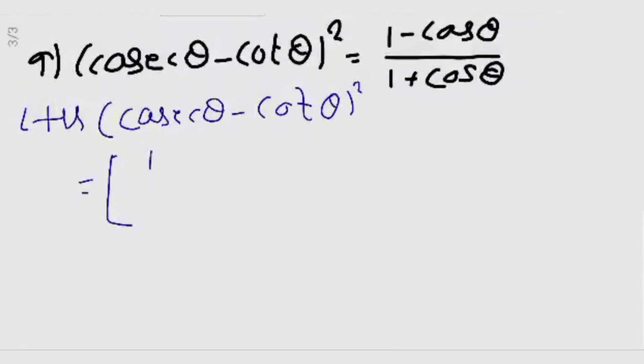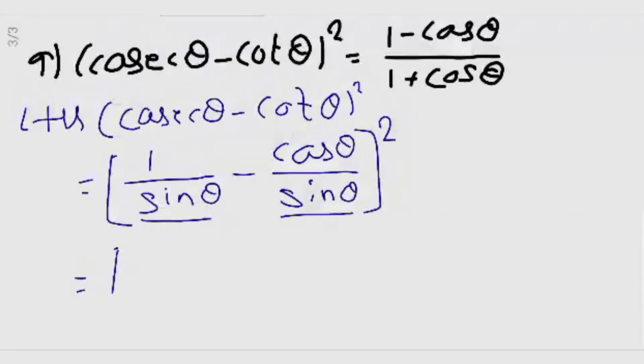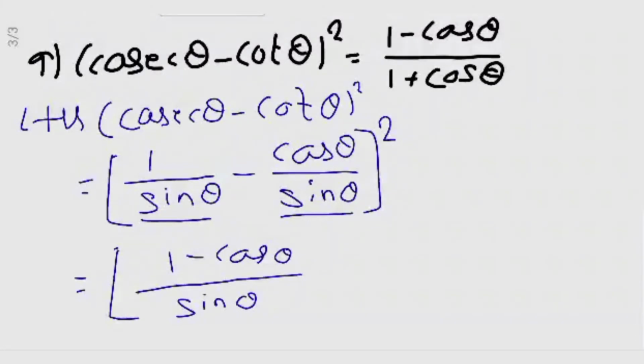So next here, cosec theta we can write 1 divided by sin theta, minus cot theta we can write cos theta divided by sin theta, bracket complete, whole square. So here in the denominator we have sin theta common, so take LCM sin theta. So now it will become sin theta, so here 1 minus cos theta whole square.